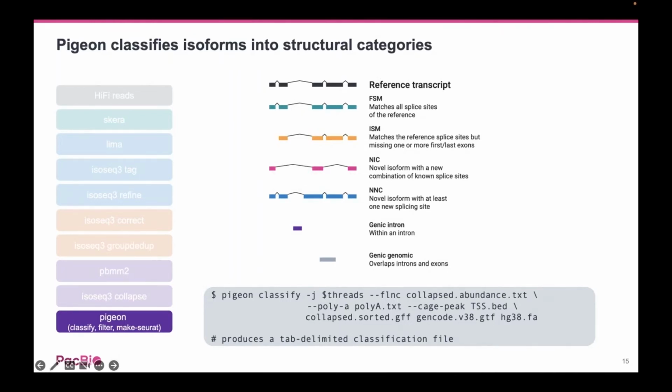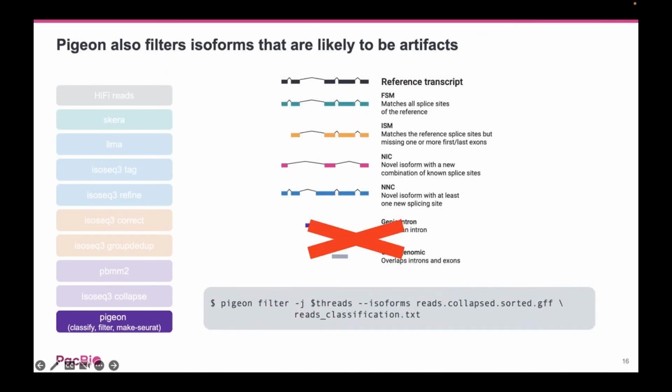Following Pigeon classification, we can also filter out isoforms that are likely to be artifacts. So isoforms that align to intronic regions of the genome, as well as reads that span both intronic and exonic regions will get filtered out. And this will produce another tab delimited classification file, just filtered.